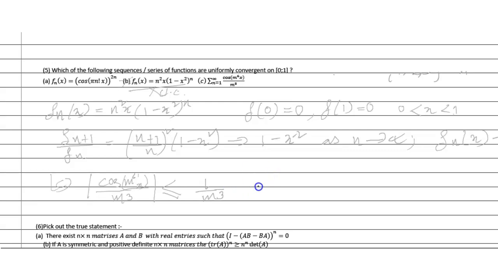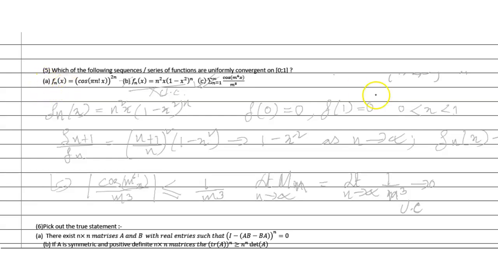So as m tends to infinity, limit n tends to infinity, 1 by n cube tends to 0. So it is uniformly convergent by the Mn test. So this portion is uniformly convergent.